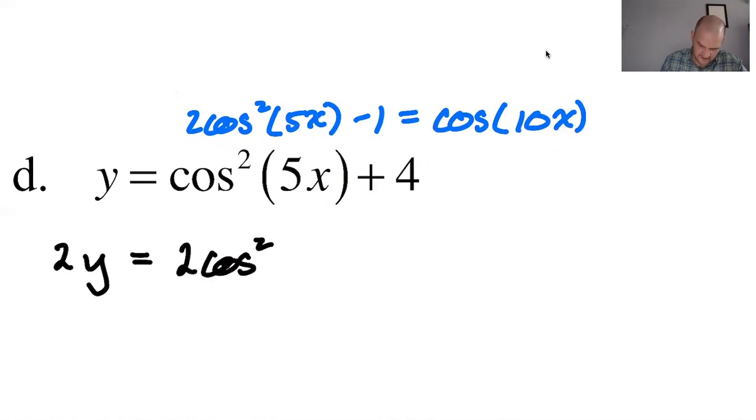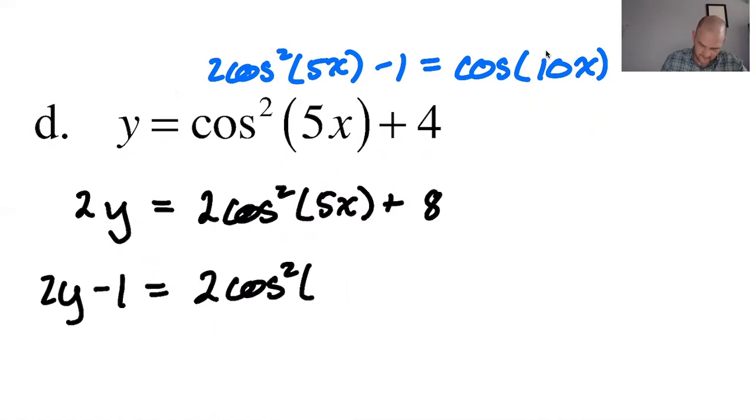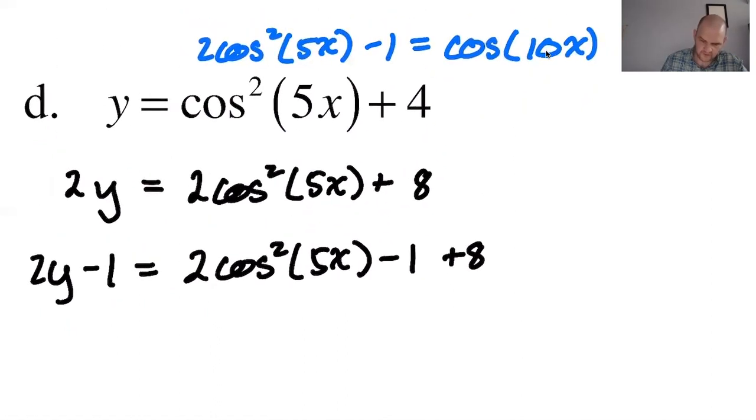I get 2y equals 2 cosine squared 5x, but then everything, so plus 8. Now I'm just going to subtract 1 from both sides. I get 2y minus 1 equals 2 cosine squared of 5x, I'm going to put the minus 1 here and then just say plus 8. So we did it. We made this show up here by doing it a step at a time.